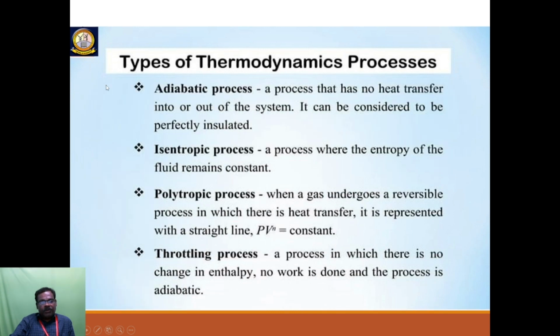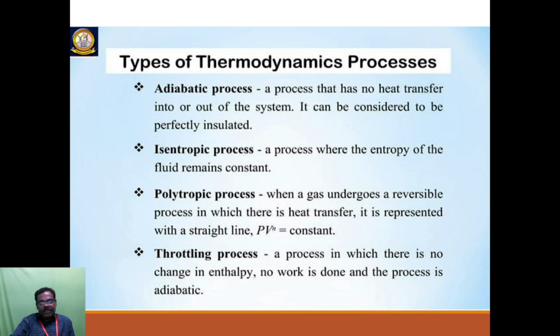So in the last slide, we have seen three things: the constant pressure process, the constant volume process, and the constant temperature process, the isometric process. Next, we should know what an adiabatic process is. Adiabatic process means there will be no heat transfer.